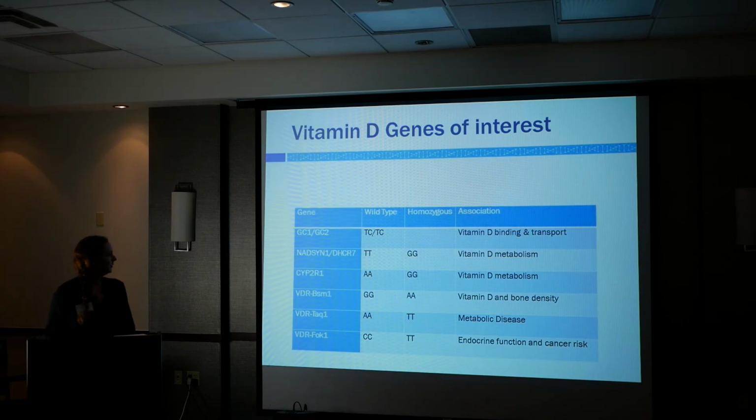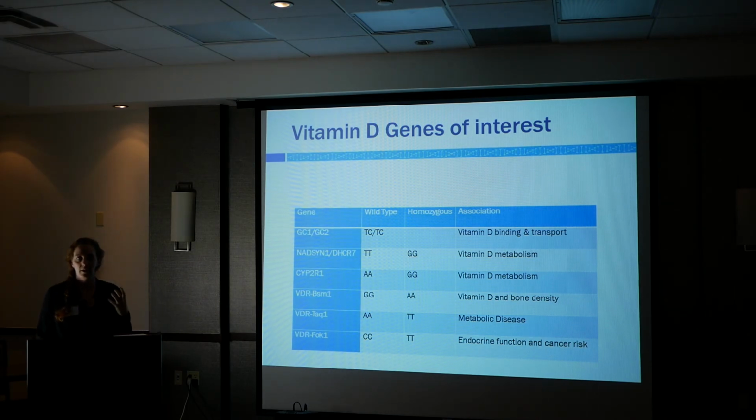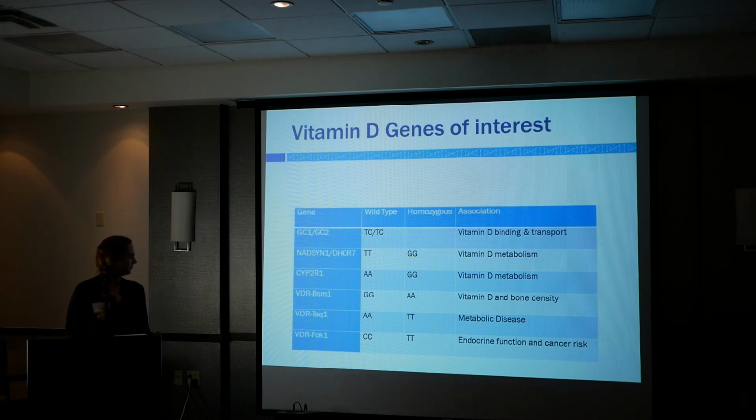And here's a little table that summarizes all of these because there's several genes involved in vitamin D. If this is the way your brain works in organizing information, this is a really great table to show that metabolism and show how the effects, like a lot of these VDRs, are associated with osteoporosis, which we were talking about in the graceful aging section.